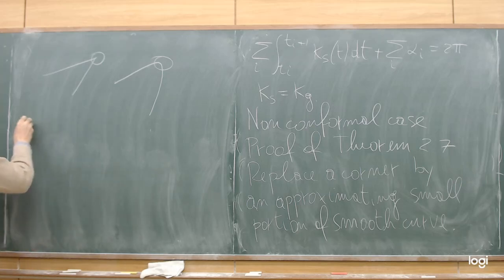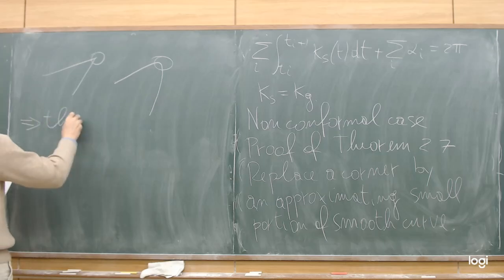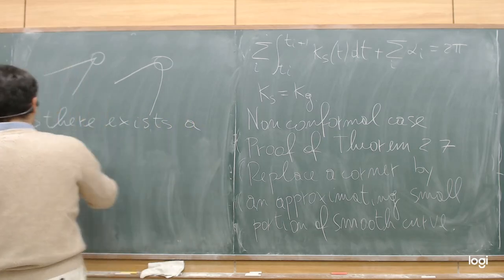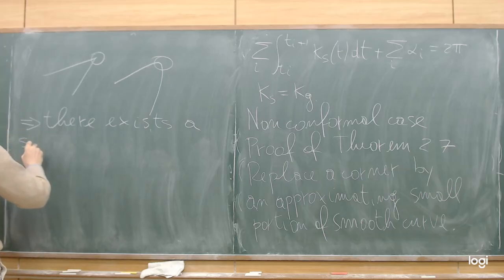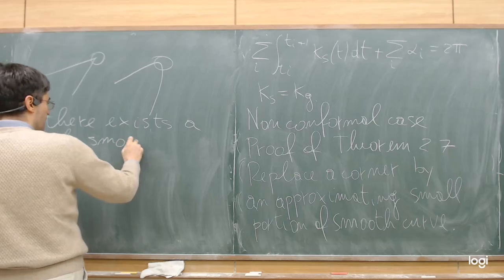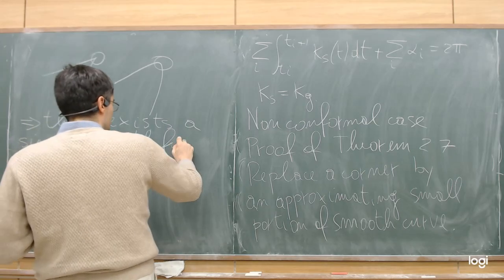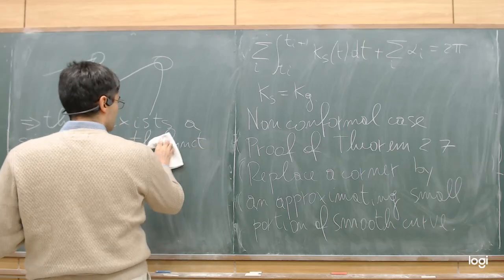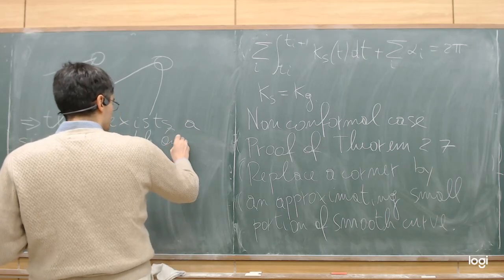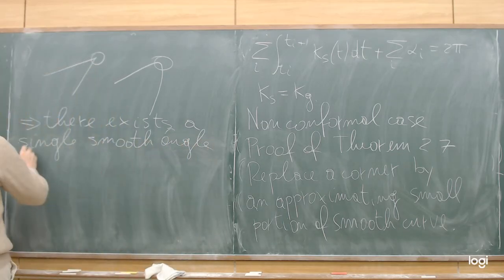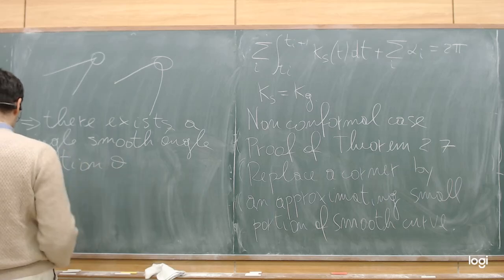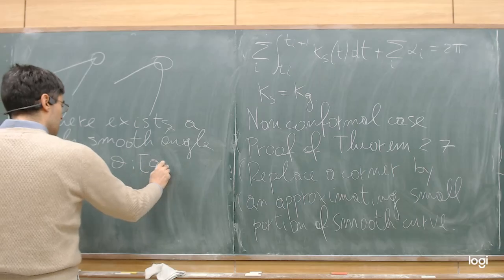So this implies that there exists a single smooth angle function theta defined on AB.